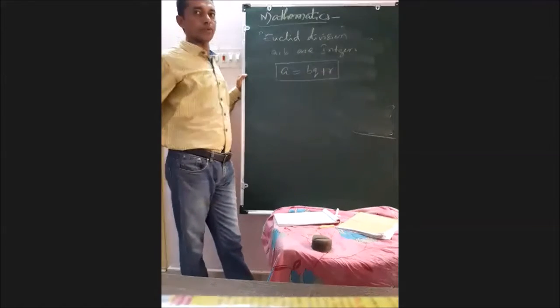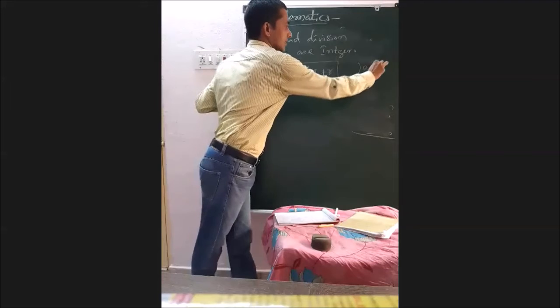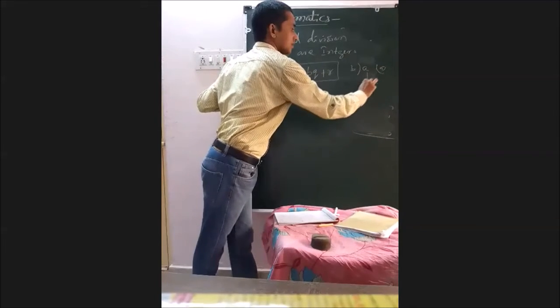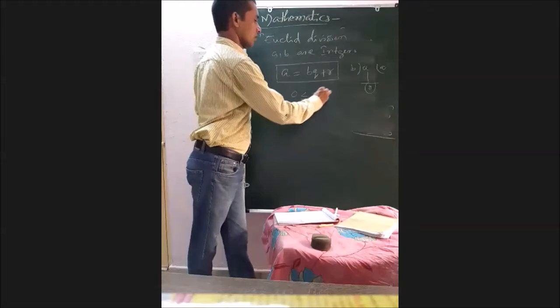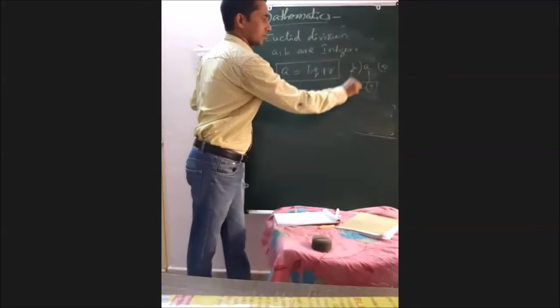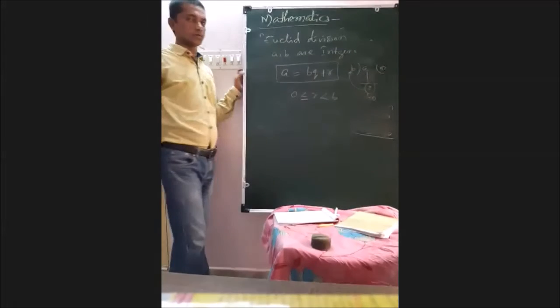If a is divided by b, you will be getting the quotient q and remainder r, where 0 is less than or equal to r and r is less than b. So the remainder is always less than b and it may be equal to 0. So that is the condition.